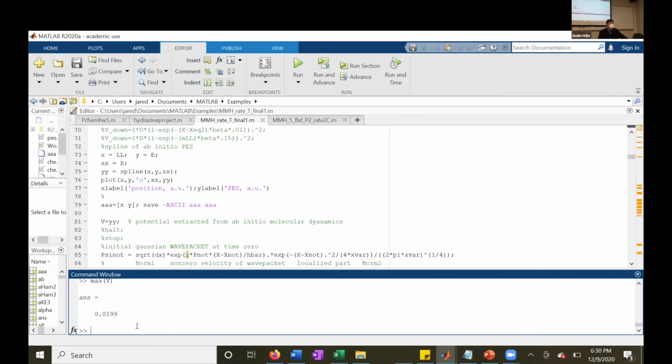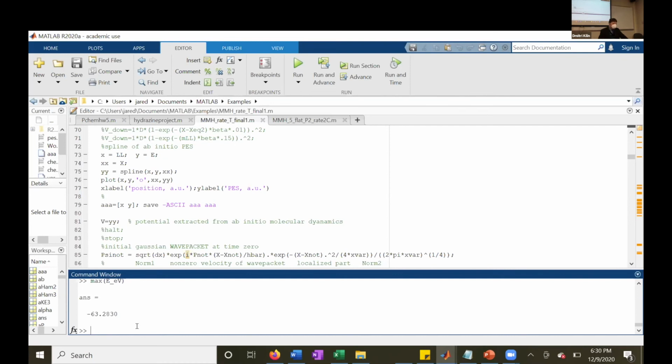So 0.0199. And if you need the same number in electron volts, you can type max E underscore EV, close bracket. Okay.